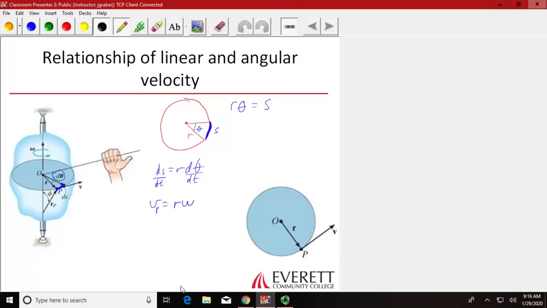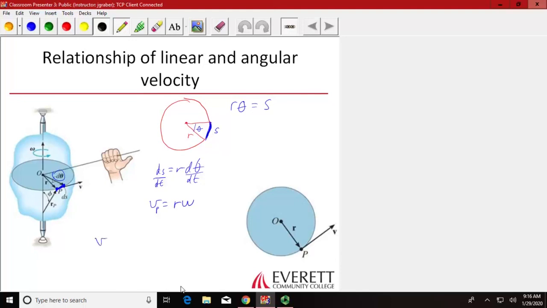Okay, that was a planar definition on a single slice of that plane. We can actually extend that to 3D using vectors. It turns out the vector formulation of this, as you'd probably expect, uses the cross product. Okay? The cross product just takes out the component of the vector that we need. The component of the vector that we need is that distance from the fixed axis.